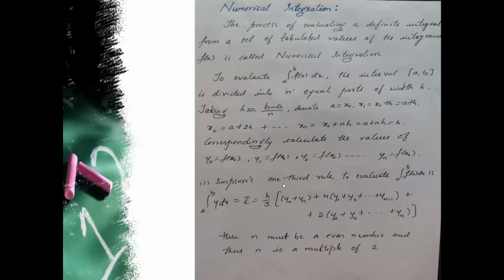Now what this Simpson's one-third rule tells us: integration a to b y dx will be equal to h by 3 times y naught plus yn, that is first value of y plus last value of y, plus 4 times y1 plus y3 plus so on up till yn minus 1, that is odd suffixes are taken here, plus 2 times y2 plus y4 and so on, that is even suffixes of y.